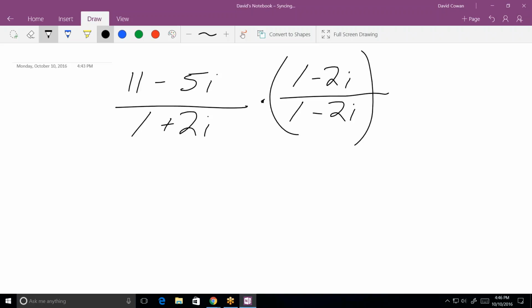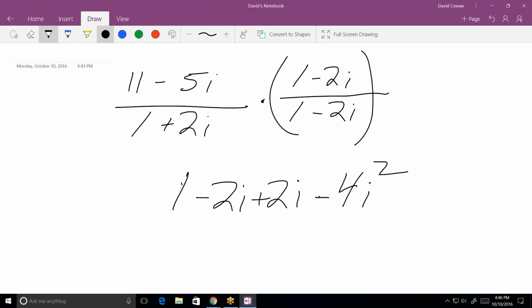Now, what happens when I multiply an imaginary number by its conjugate? It gets rid of the imaginary part. In other words, FOIL these two things together, what do you get? First term is 1, next term is minus 2i, next term is plus 2i, and the last term is minus 4i squared.